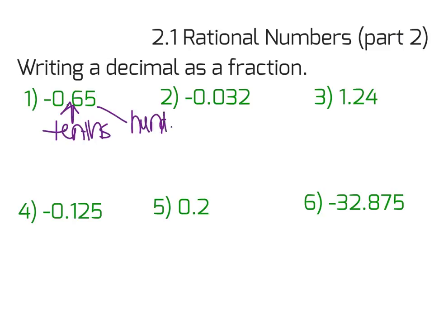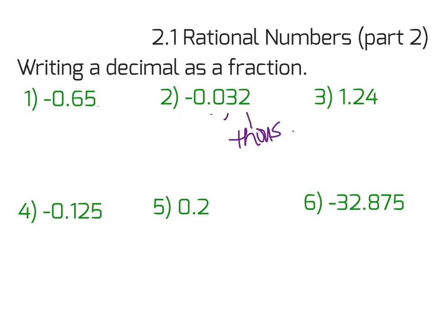However, if we go to problem number 2, we've got tenths, hundredths, and then thousandths. Now, since that goes all the way to the thousandths place, we would put the number over 1,000. And if we could go further, the 10,000th, the 100,000th place, whatever place value it goes to, that's what you're going to put the number over. So let me go ahead and erase that, and then we'll start with the first problem.